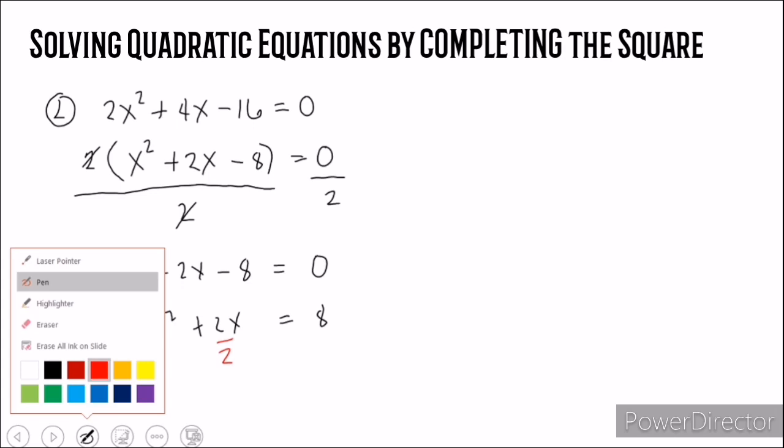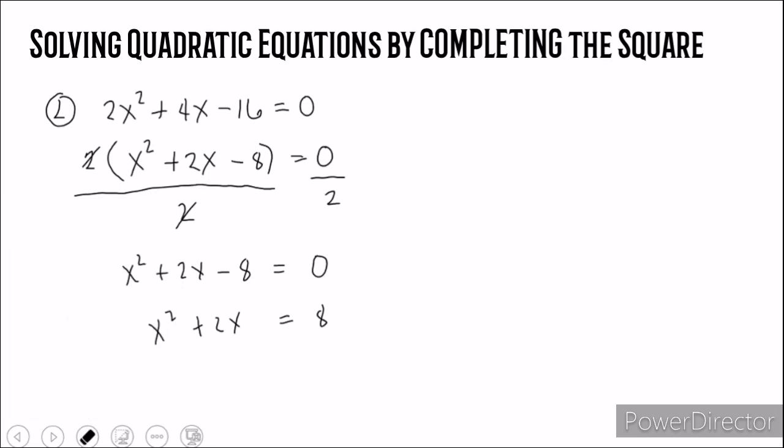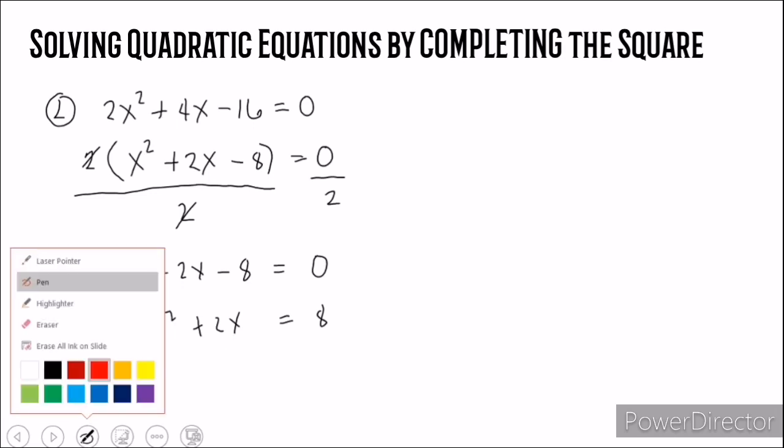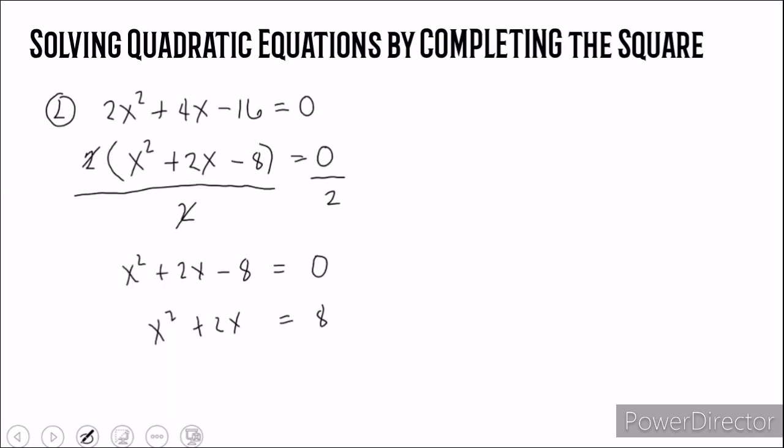Wait lang, separate natin para mas madali. So, una, kunin natin yung 2. So, we have 2 divided by 2, which is equal to 1. Square 1 will give us 1. So, ang i-add natin ay plus 1. So, ang final equation natin ay, since nag-add tayo ng plus 1 dun, mag-a-add din tayo ng plus 1 dito.